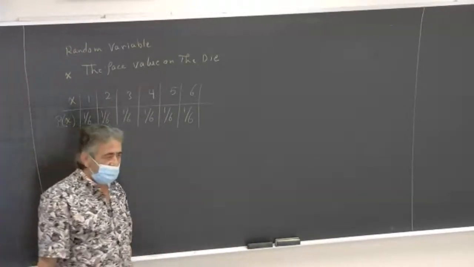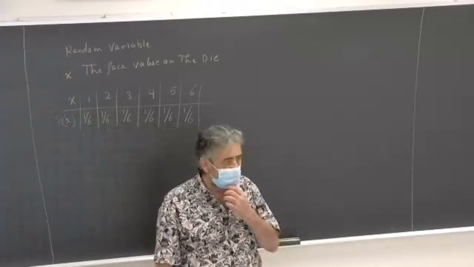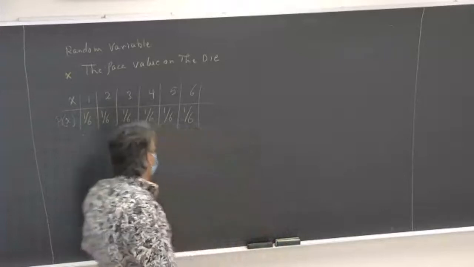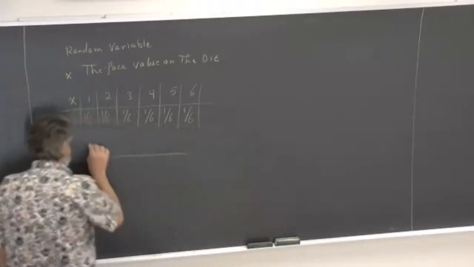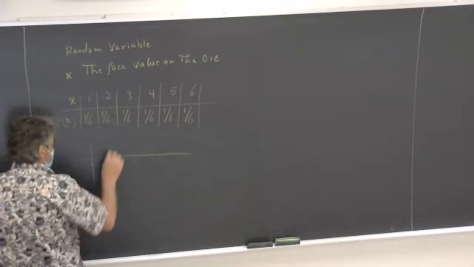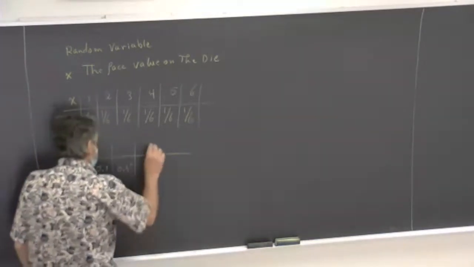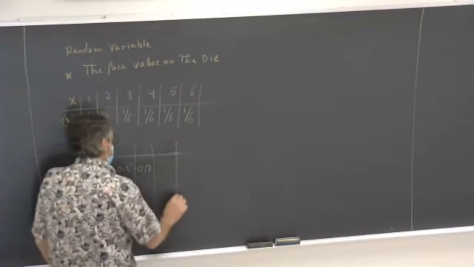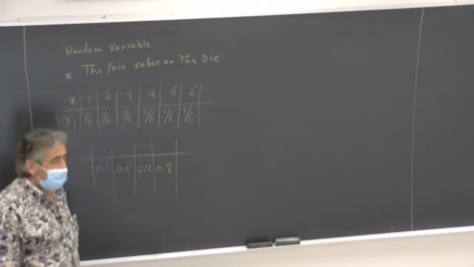If these conditions are met, then we call that a probability distribution. Yes? So if I have a distribution, for instance, say, for whatever distribution, and those numbers are, say, 0.1, 0.5, 0.2, 0.3, and so on.